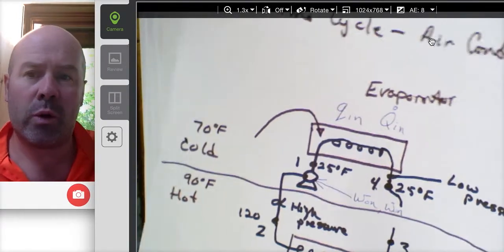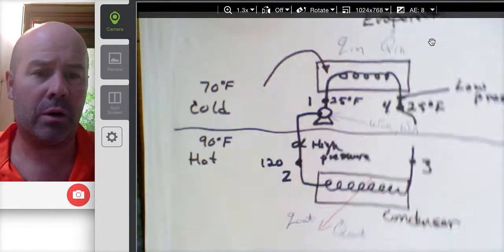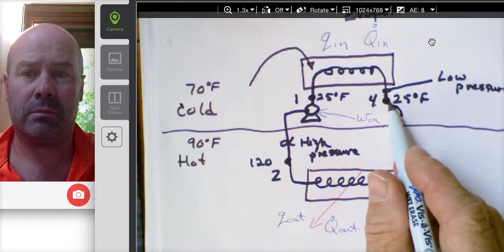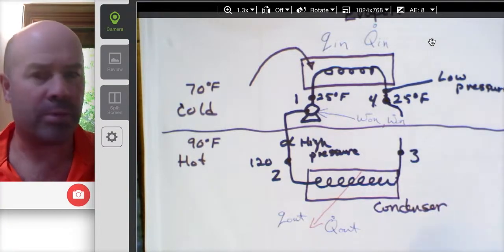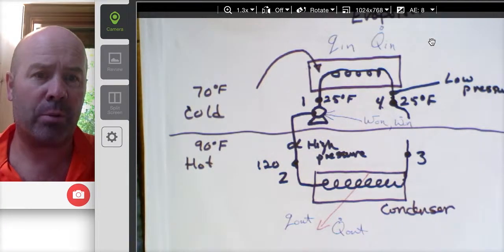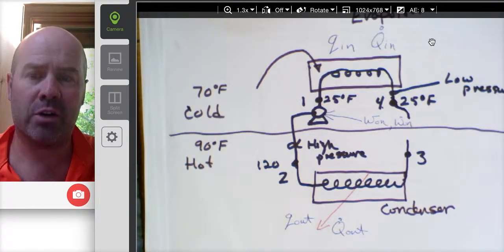The only thing we want to have happen between point 3 and point 4 is for the pressure to drop. That's all we want. The whole purpose of this fourth device is to have the pressure drop. Does anybody know how to have pressure in a fluid drop?